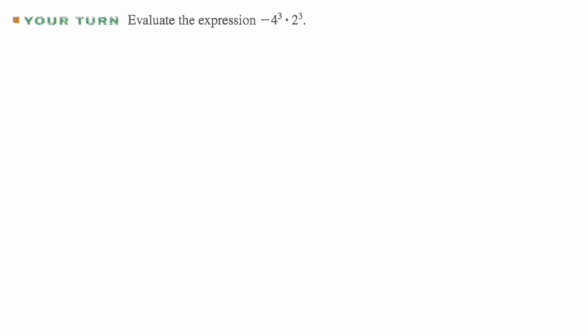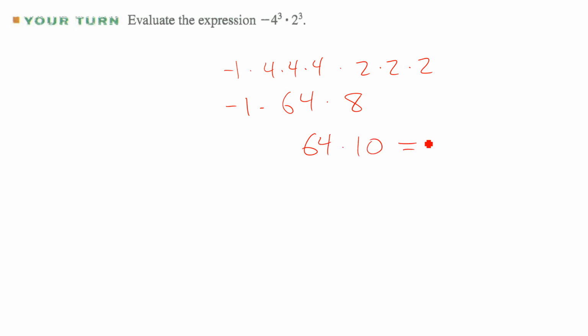All right. So negative 4 cubed is going to be negative 1 times 4 times 4 times 4 times 2 times 2 times 2, which is going to be 64 times 8. What is 64 times 8? Well, we can do it in the calculator, but we should be able to start getting good at doing things in our head. And so one way we can do that is say, what's close to 8 that's easy? How about 64 times 10, right? 64 times 10, we can do that in our heads, that's 640.